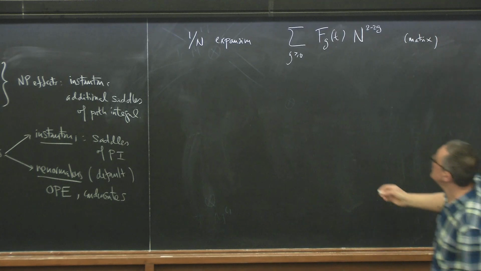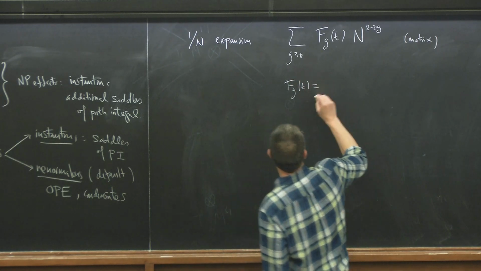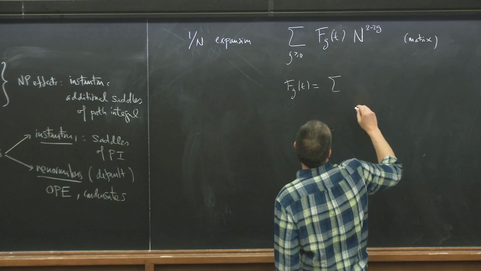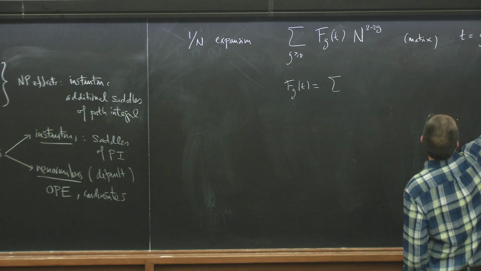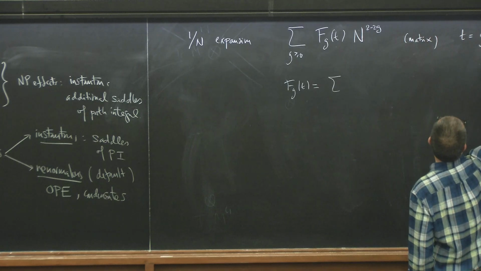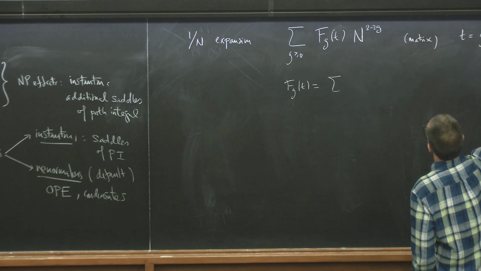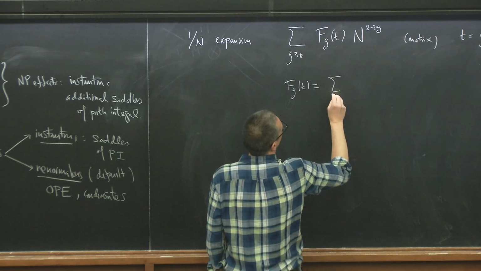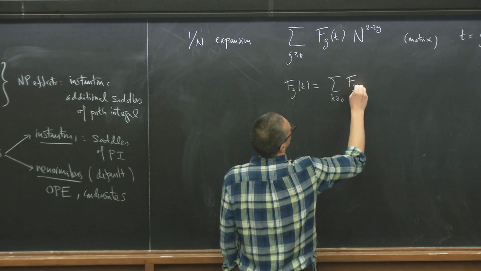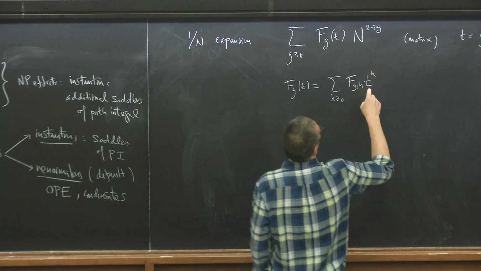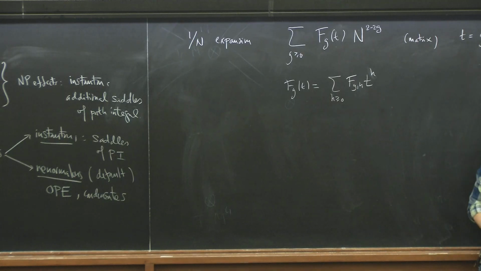You have something like this, and remember that F_g(t) is obtained by summing, where t here is the 't Hooft coupling, I guess. In Yang-Mills, you identify this as g² N. And then here what you are doing is essentially summing a series over the 't Hooft coupling, right? So you sum all the diagrams of genus g for each h.